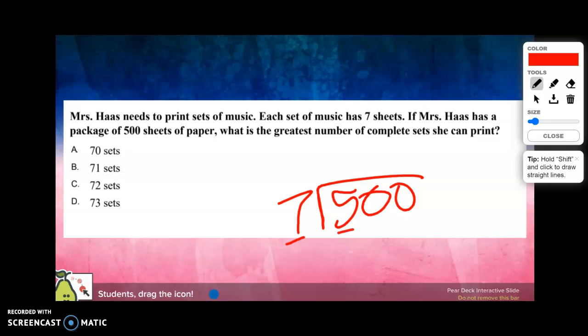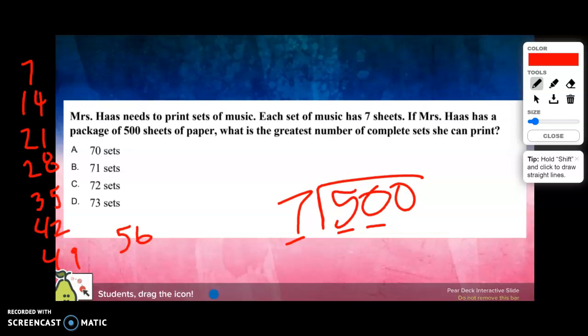So 7 cannot go into 5, but it can go into 50. If we list out the multiples of 7: 7, 14, 21, 28, 35, 42, 49, and then 56. We know that it goes into it 1, 2, 3, 4, 5, 6, 7 times to give me 49.